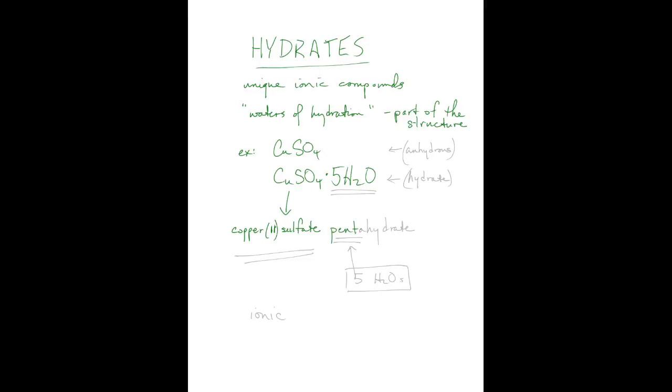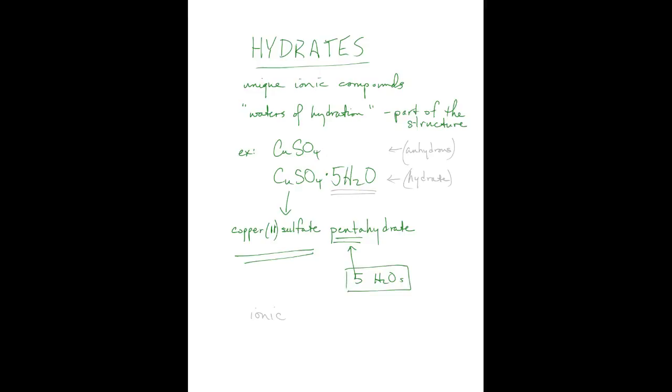And now, the exciting part is that this is the exception to the rule where I said do not use prefixes with ionic compounds. Well, you don't put the prefixes inside the name of the ionic compound itself, but for the hydrate, you use the word penta to show that we have 5 waters that are part of the crystal structure.